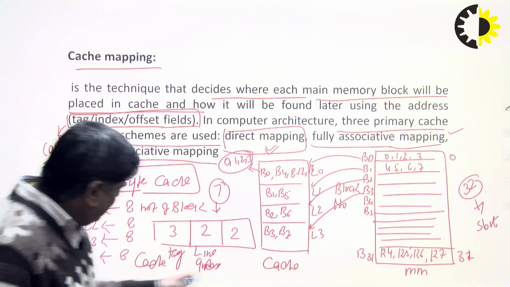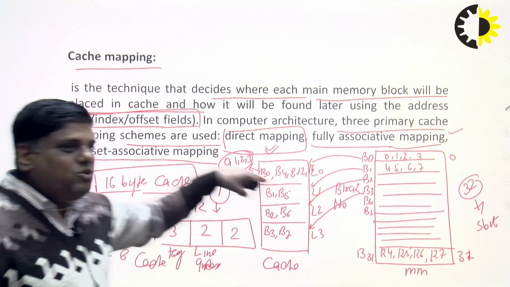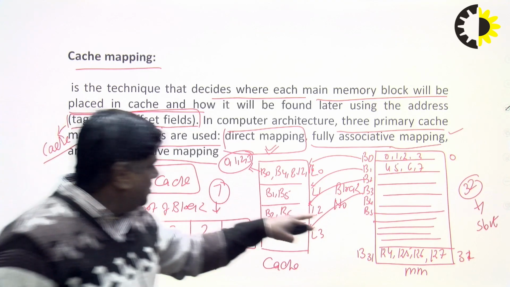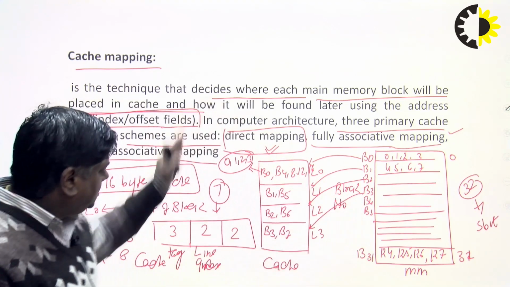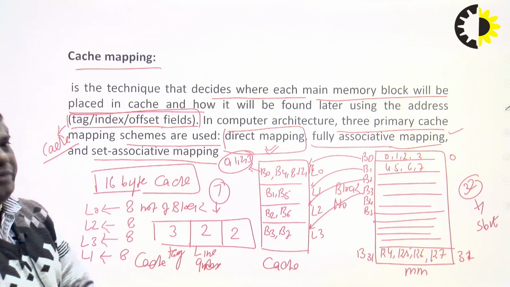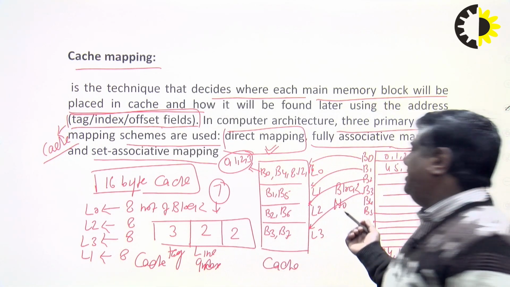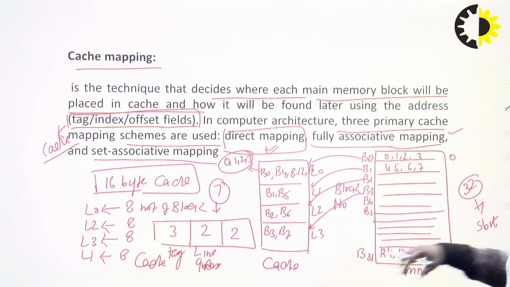So this is the method to represent the physical address, and this is the address of the cache. The previous one is the address of the main memory, and this is the address of the cache memory. This is the method by which direct mapping is performed. So this is a very simple example.